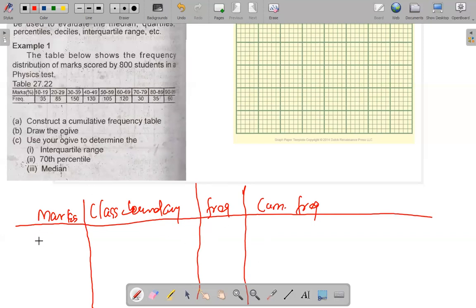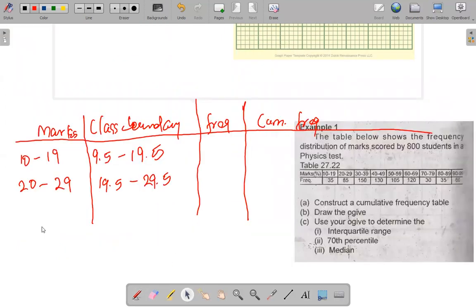So the first interval is 10 to 19. The class boundary there will be 9.5 to 19.5. Next one is 20 to 29, and the class boundary will be 19.5 to 29.5.